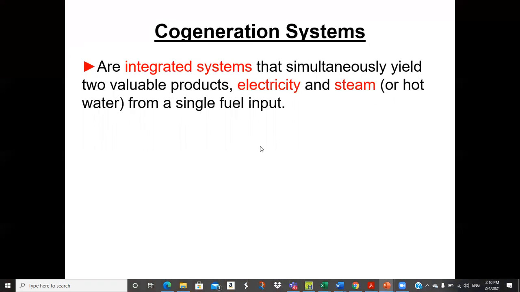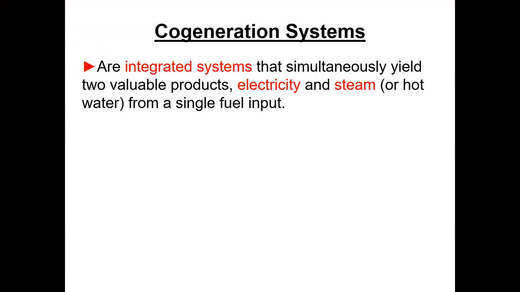Okay, so we want to talk about cogeneration systems, and I think we've kind of defined this before, and this comes out of the thermal book, so I don't know if I'll agree with it completely, but probably pretty much. So cogen means we're going to have two outputs, integrated systems that simultaneously yield two valuable products.